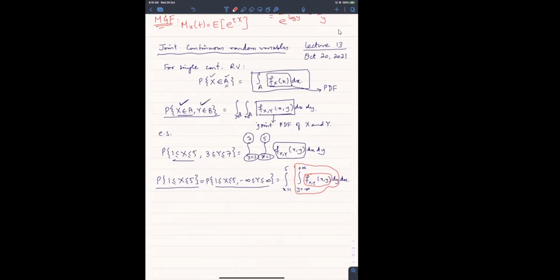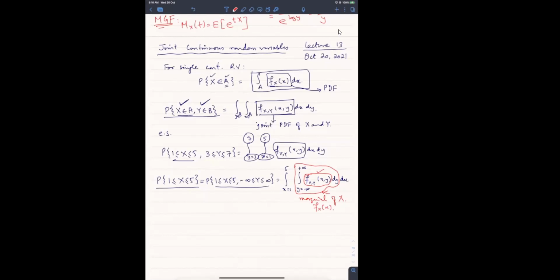If you have a joint PDF f_XY, you integrate out y from minus infinity to plus infinity. What you are left with is the marginal PDF of x, so this would be f_X(x).